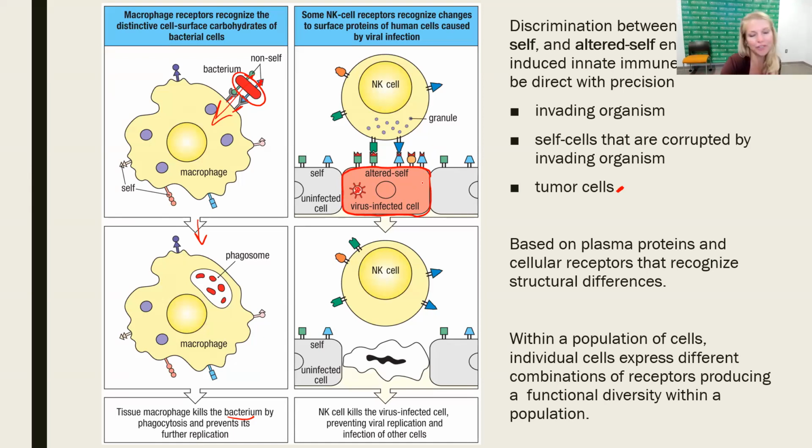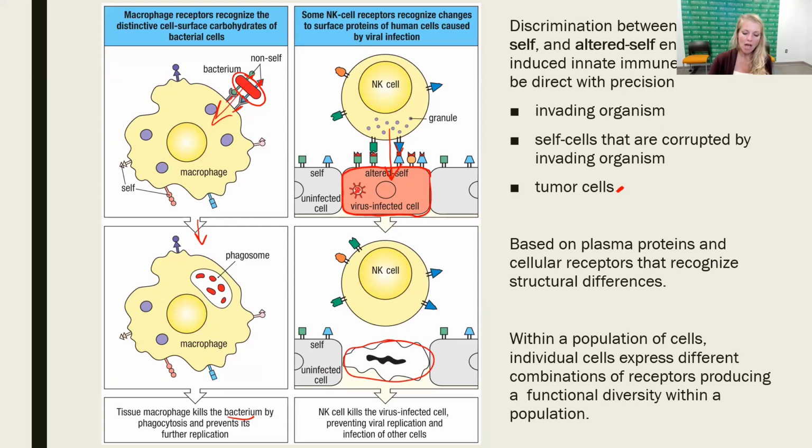And those are altered self proteins or altered self carbohydrates. The NK cell, or natural killer cell, will be able to recognize those altered self proteins and then actually add in death granules, essentially is what they are. And then that will kill the self cell. And while the self cell is being killed, the virus is being removed as well.